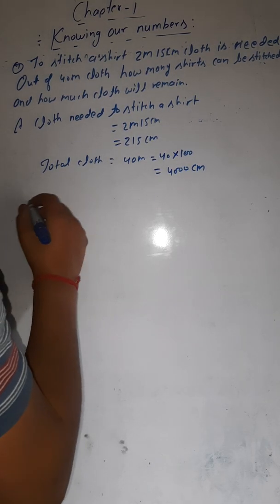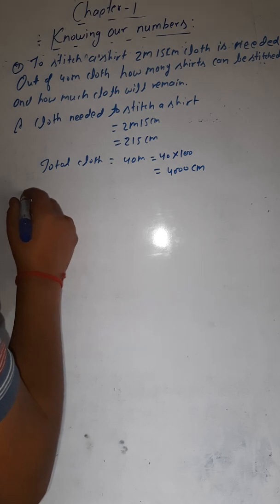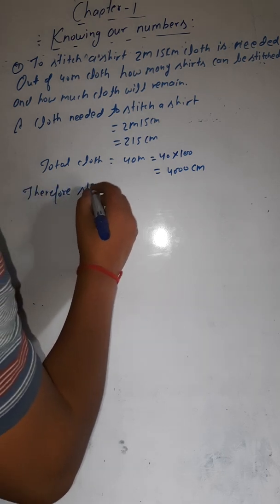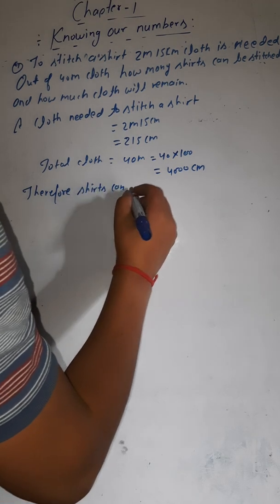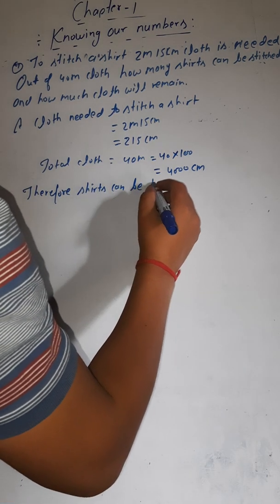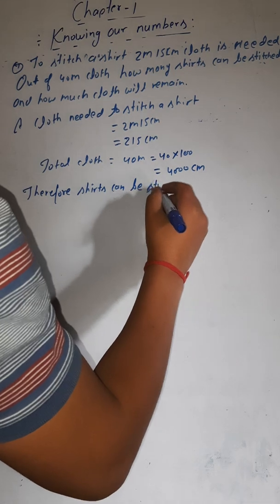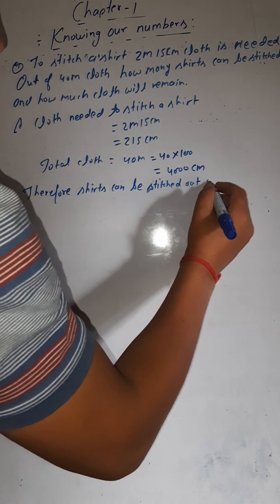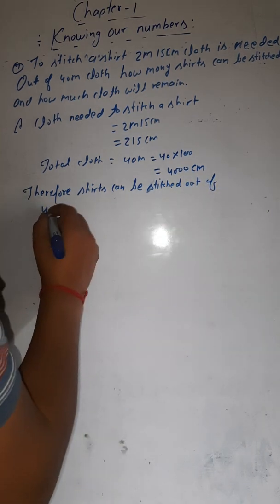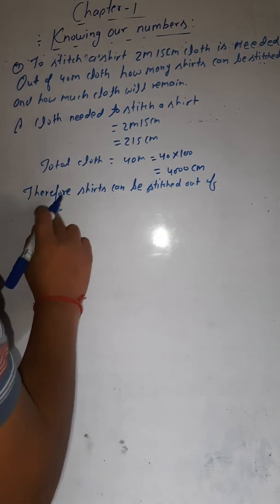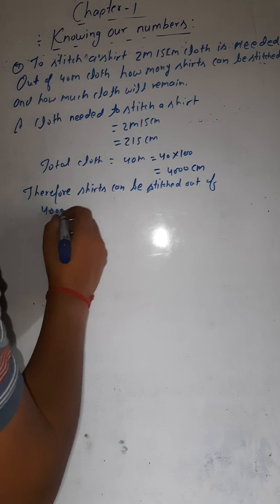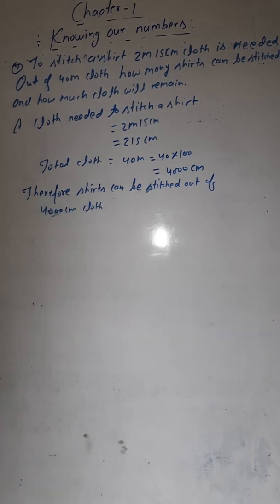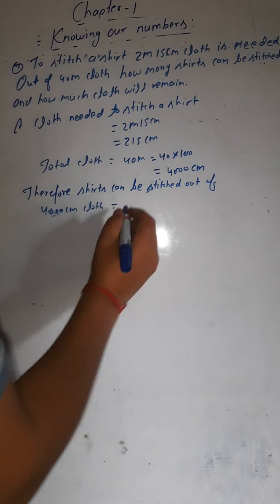Shirts, here write this, therefore shirts can be stitched out of 4000 centimeter cloth would be equals to, what would you do?